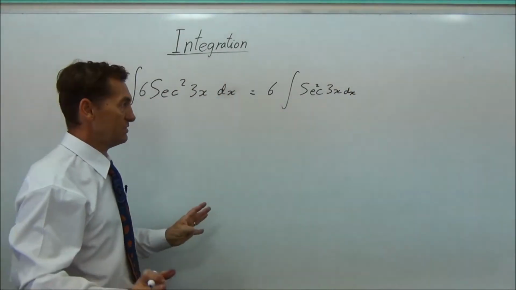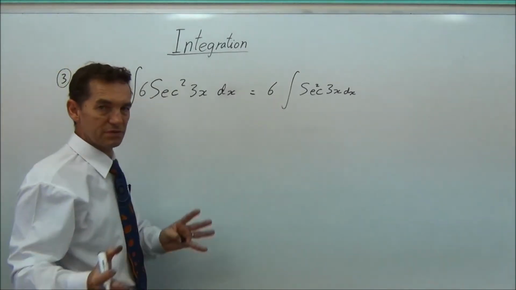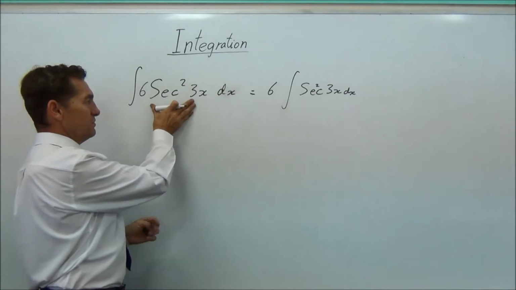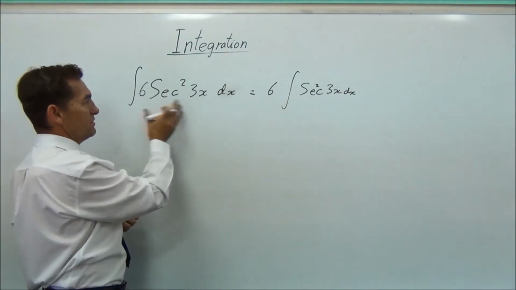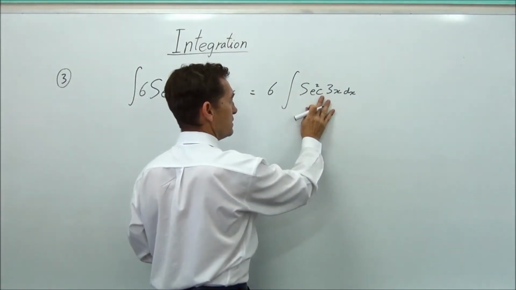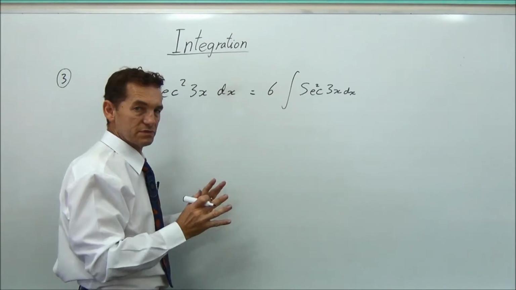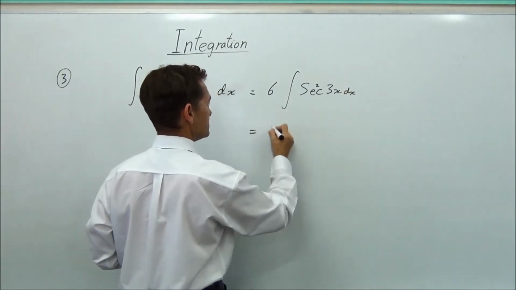Anytime you've got numbers there, they're just constants. You don't have to do anything with them. They're just numbers. You can just put them straight out the front and then deal with them later. In this example, it's actually quite simple if you've done it a few times, but even so, it's good practice to put it out the front, so you're only focusing on the integral itself. So integrate sec squared x, and we get tan.